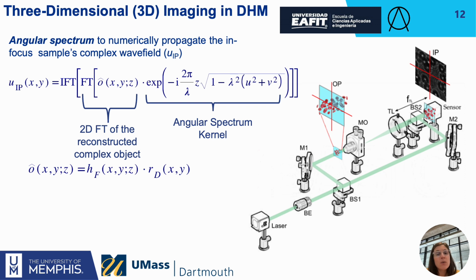So when we are recording out-of-focus information, the complex information that we retrieve, after we center the reference, needs to be back propagated. And in most of the regimes where DHM works, this back propagation uses the angular spectrum kernel. So what we really need is to know the distance of the object to back propagate the retrieved complex object.